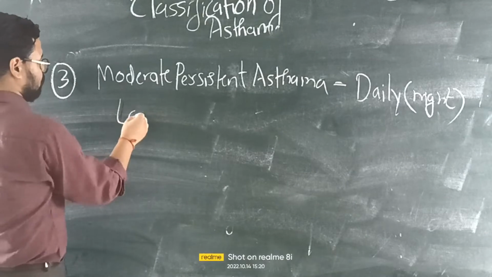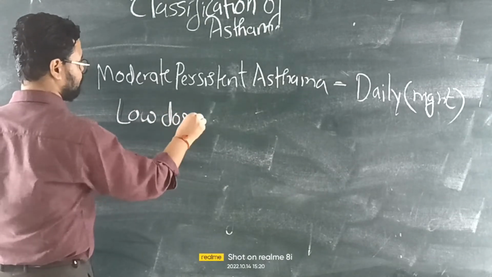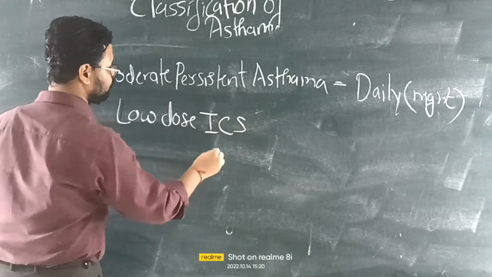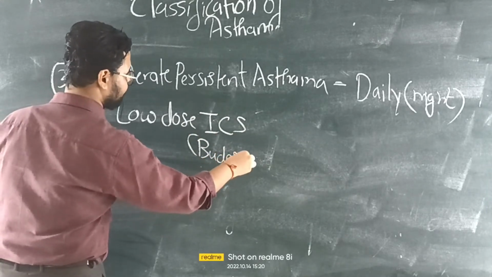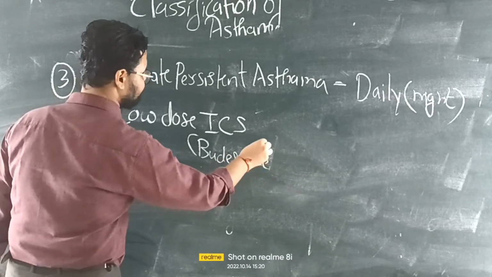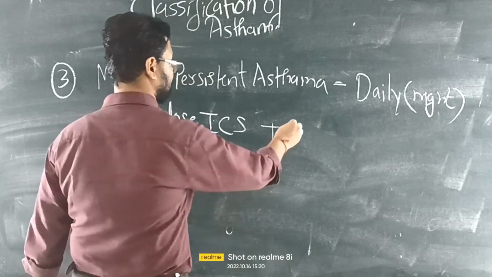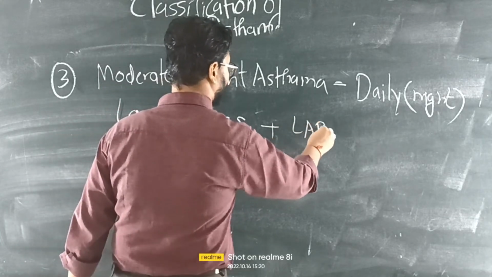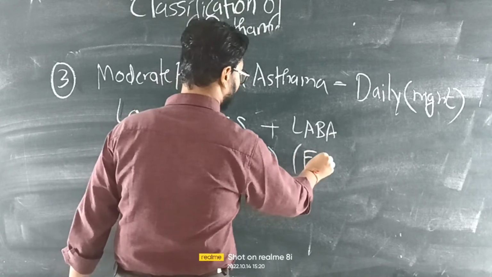Again, low dose ICS, inhaled corticosteroid, that is budesonide, plus LABA, long acting beta agonist, that is formoterol.